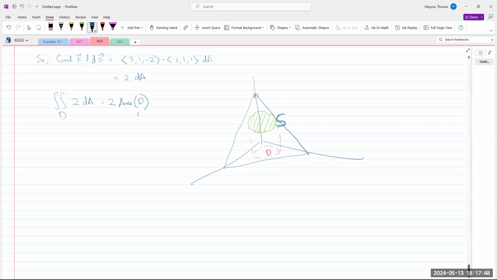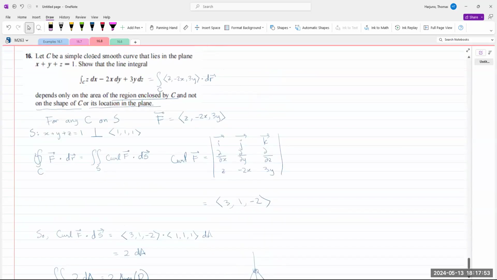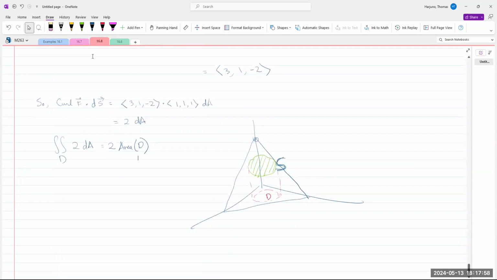Okay, the area of the projection of that surface, maybe let's say this is C, this is C here. So the projection of that C gives us the boundary on the ground, right? And that boundary on the ground encloses D, and we need to compute the area of D multiplied by 2.